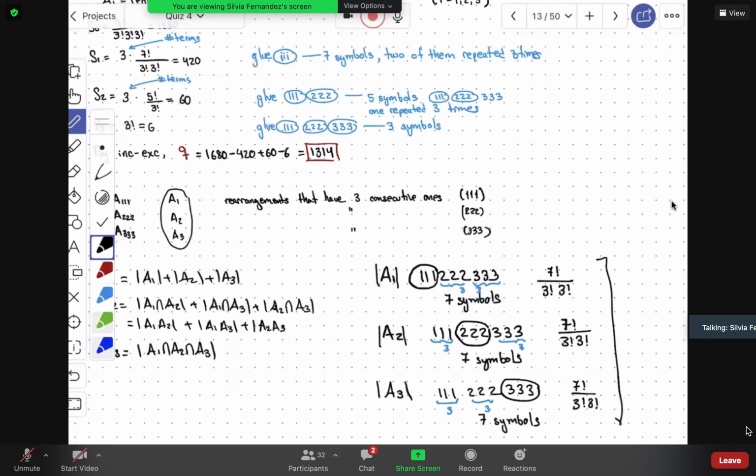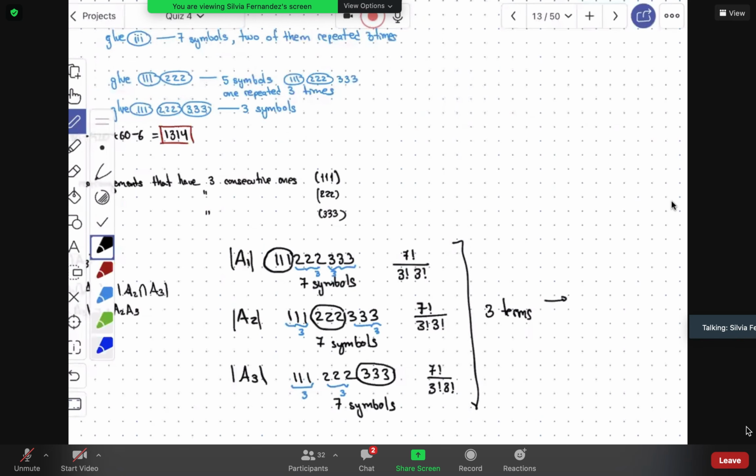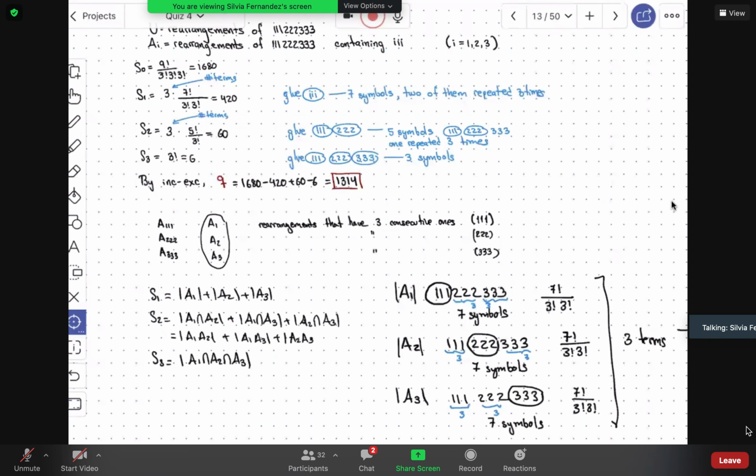I have 3 terms. So all together that gives me S1 equals 3, because there are 3 terms, times 7 factorial over 3 factorial, 3 factorial. So this is the explanation why my S1 happens to be that.